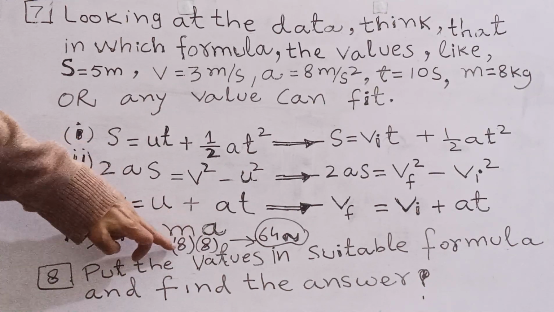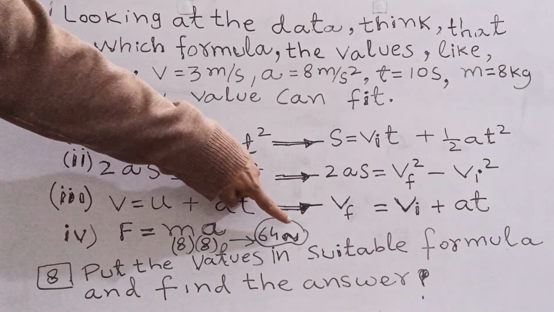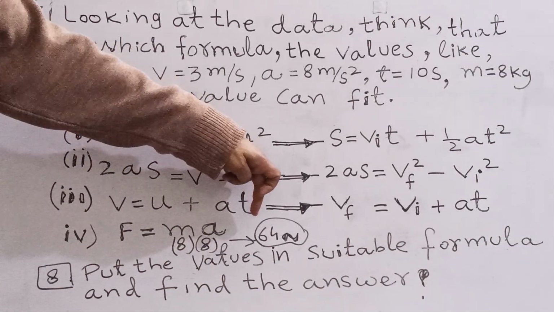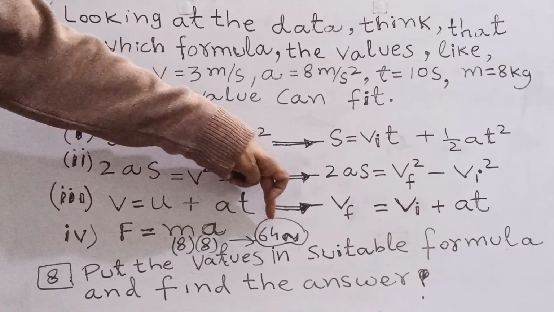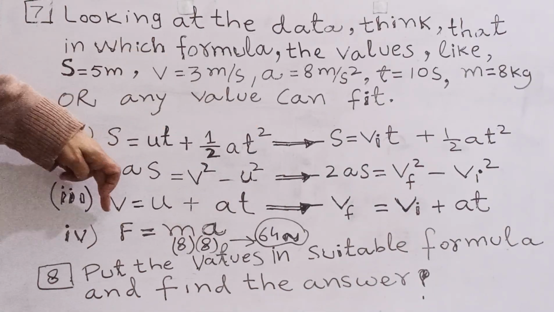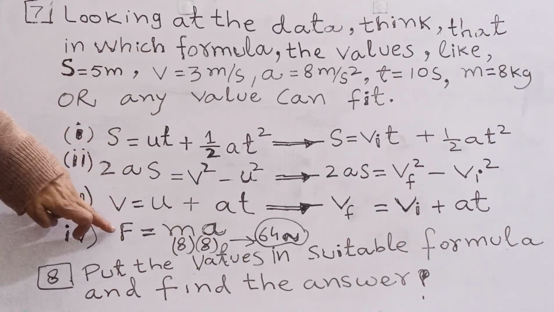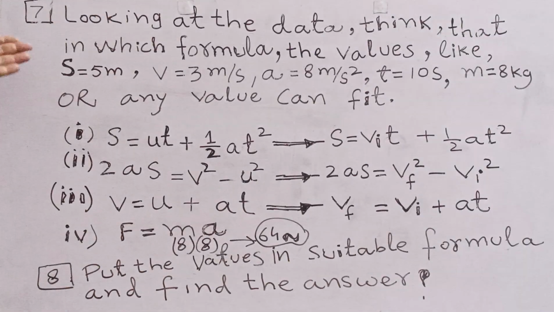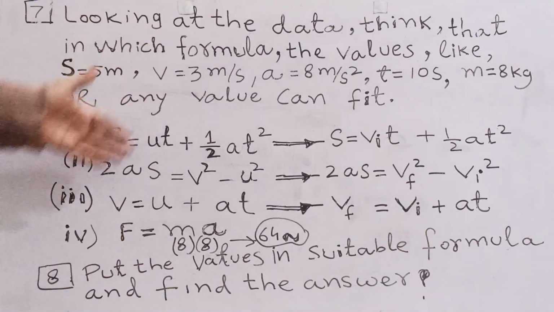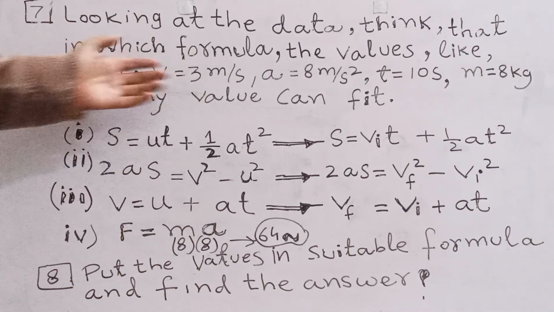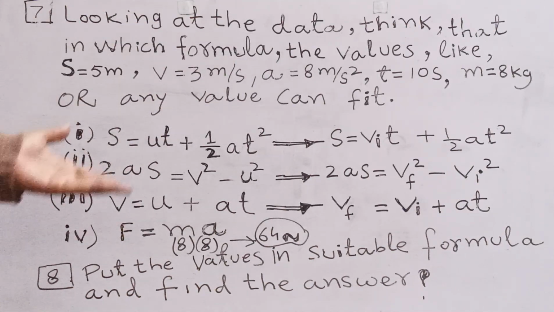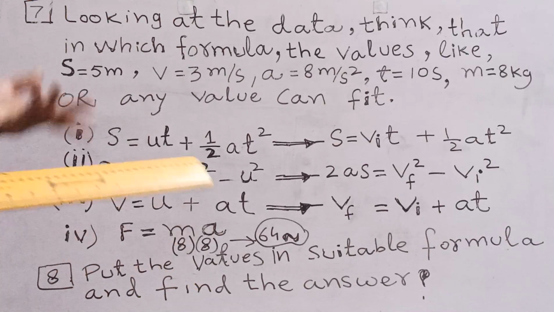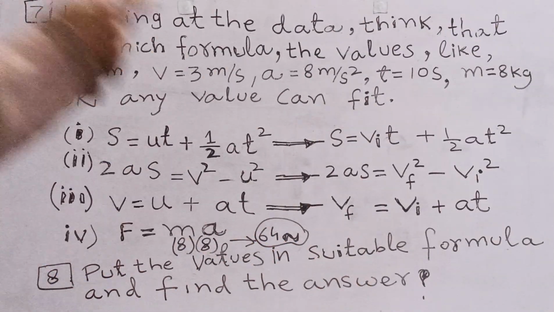So 8 into 8 comes to 64 Newton. Hence we have found that the value of force is 64 Newton. Hence, by putting all these values in whichever formula is suitable according to the data, we can find the value of the physical quantity, or we can come to the answer.